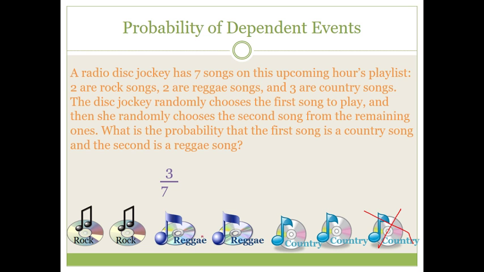Well, there's 2 of them here. But now there's only a total of 1, 2, 3, 4, 5, 6 songs remaining. So the probability of choosing the reggae song for the second song is 2 out of 6. And finally, we multiply those probabilities and we get 6 out of 42, which reduces to 1/7.